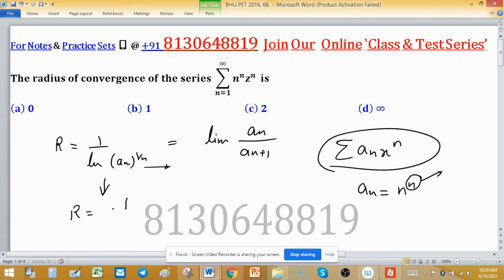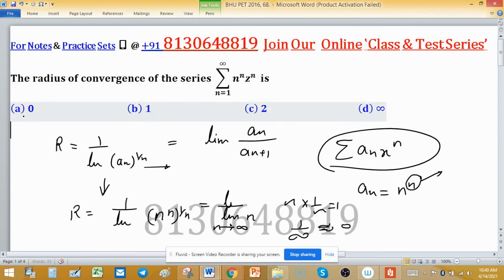So R equals 1 upon limit of n raised to the power n into 1 upon n, which is 1 upon limit n when n is tending to infinity. We know the limit of n is infinity, so 1 upon infinity means 0. So the radius of convergence of this series is 0, which means option A is correct.